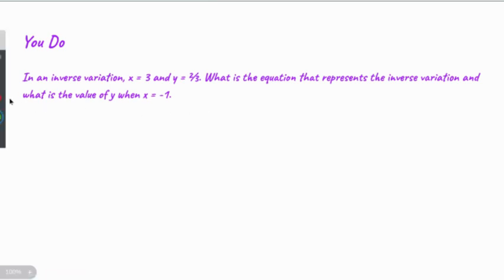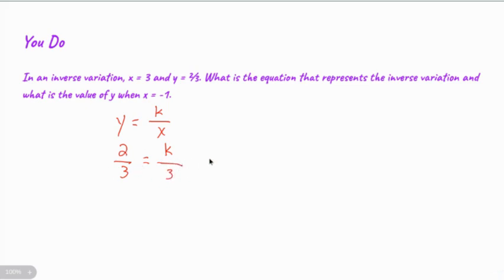Okay, so let's go ahead and look at the next one. Y equals k divided by x. We're going to throw in y is 2/3 and k over 3.